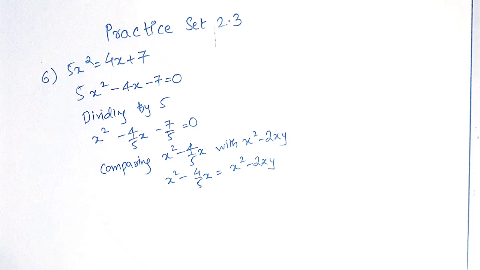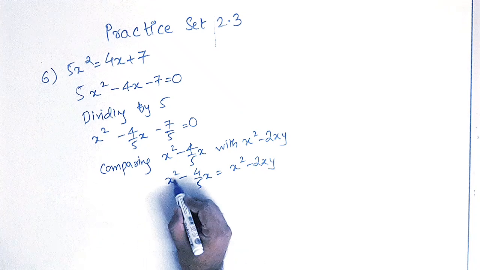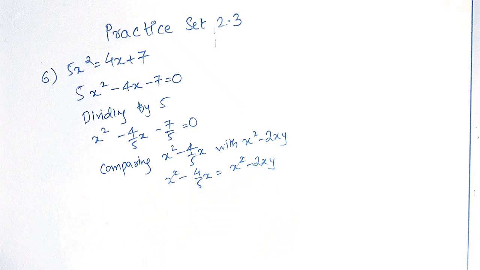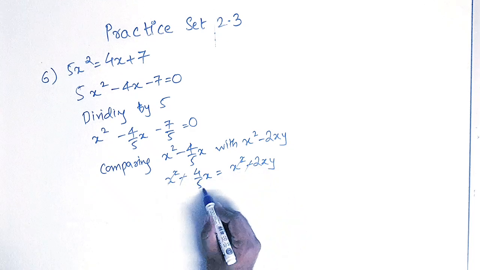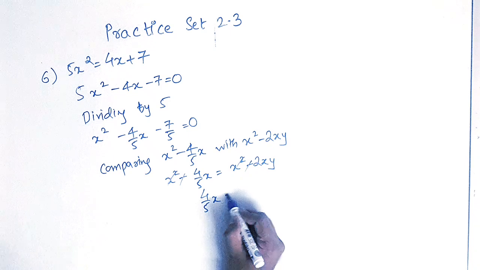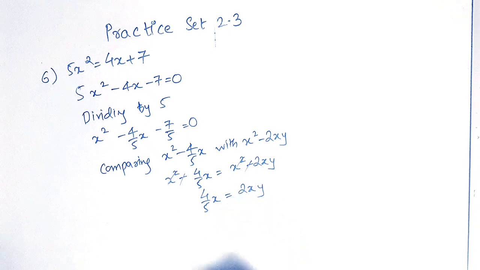So x square gets cancelled, and minus minus also gets cancelled. What we have is 4 upon 5x is equal to 2xy.